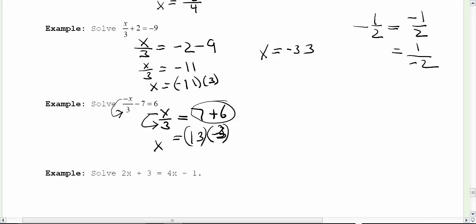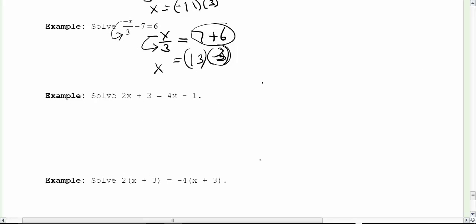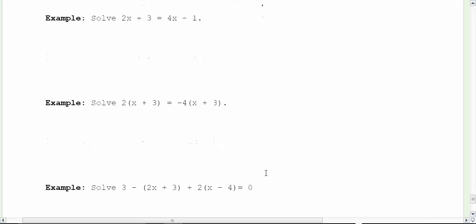We'll talk more about that as we work with fractions. But that -3 goes across, multiplying by -3. Remember, when you move a term, you change the sign. But when you move a coefficient, you bring the sign along. That's why it's important to identify terms and coefficients.